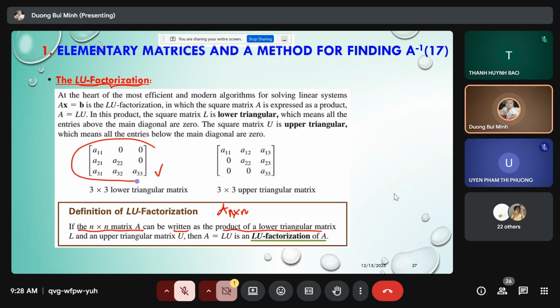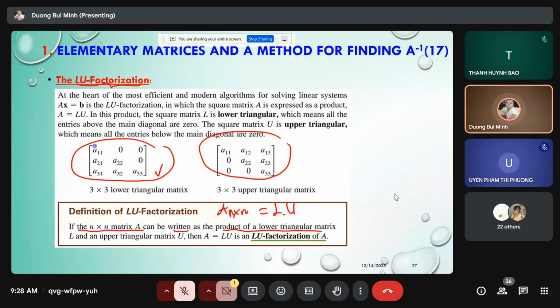This is the format of a lower triangular matrix, and this is the format of an upper triangular matrix. So we can get A is L times U. A is L times U means the LU factorization of A.